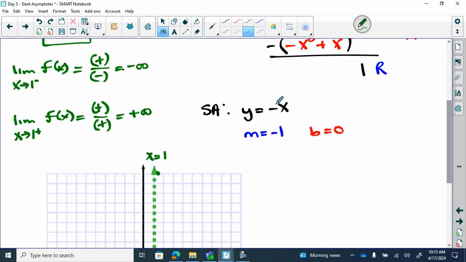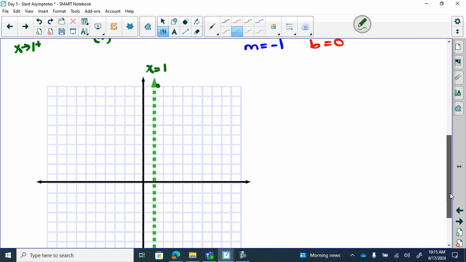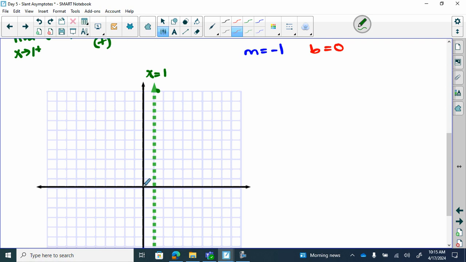How do I draw the slant asymptote? Start by placing the y-intercept on. That's right here. And then use your slope, -1, to draw it. How do I rise -1 and run 1? Not to the left. I'm rising -1.